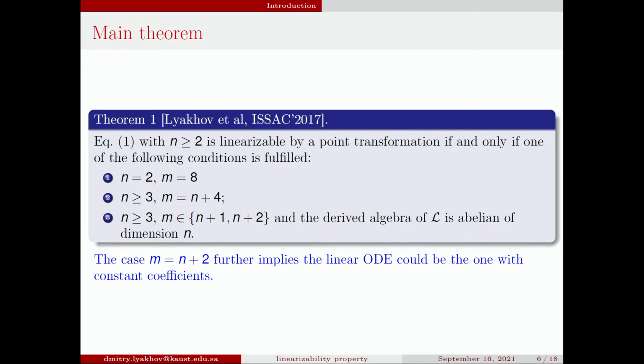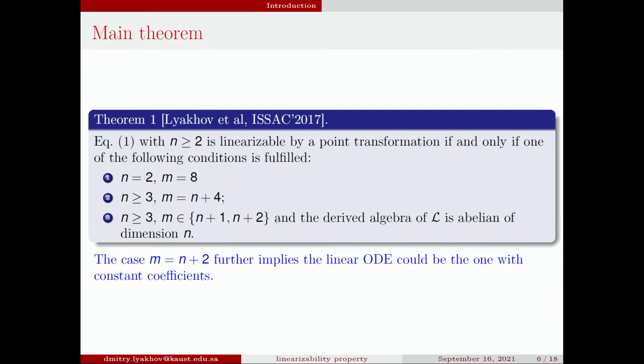And when the order is higher than 2, like when n is higher than 2, and the dimension equals n plus 4, we also meet the trivial case. And for the last one, if the dimension is one of n plus 1 or n plus 2, in this case, equation 1 is linearizable to an ODE, but this ODE is not trivial.